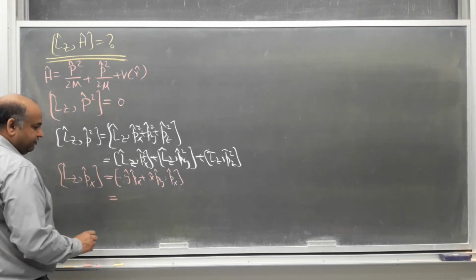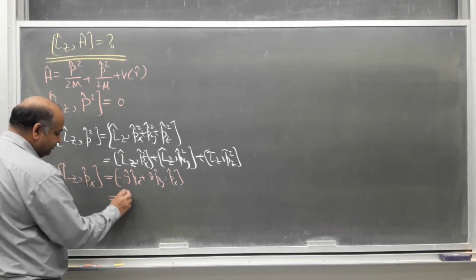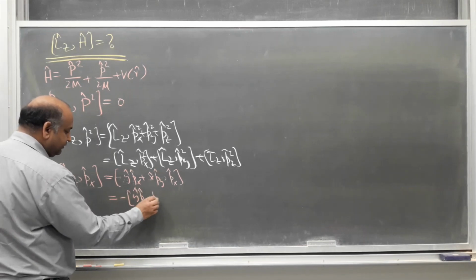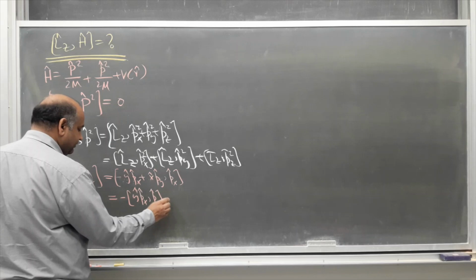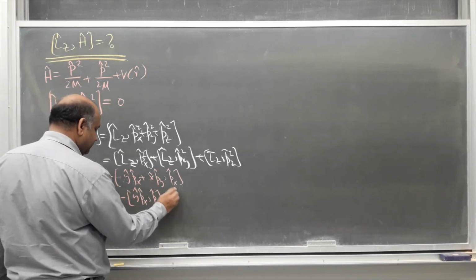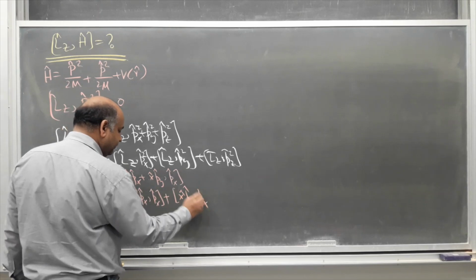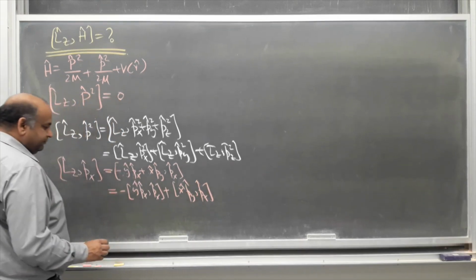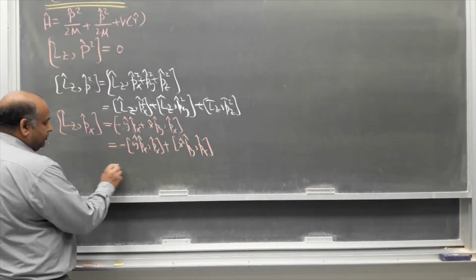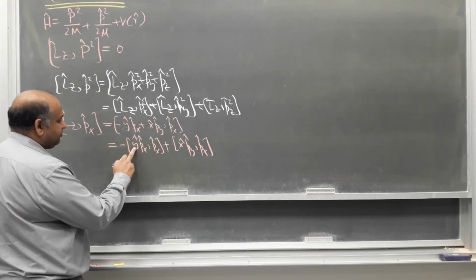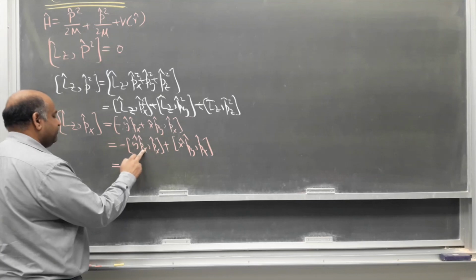So I can write this as minus y px with px plus x py with px, and the first would be 0 because px commutes both with y and with itself.